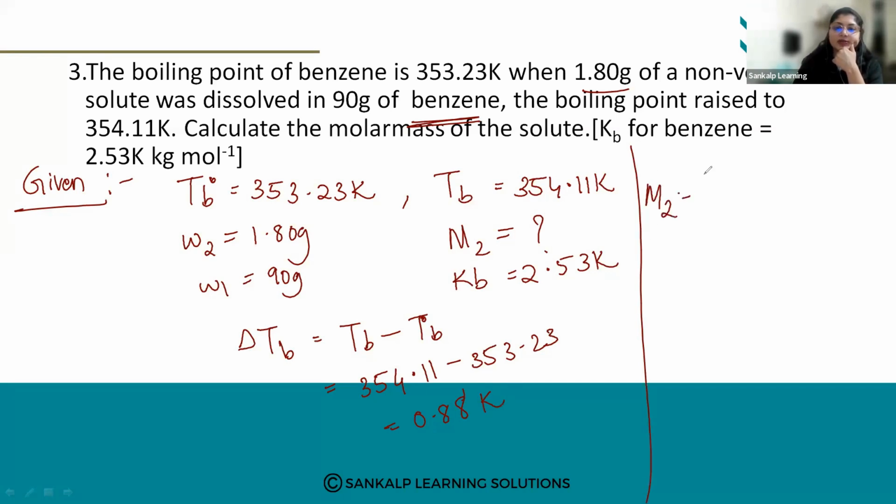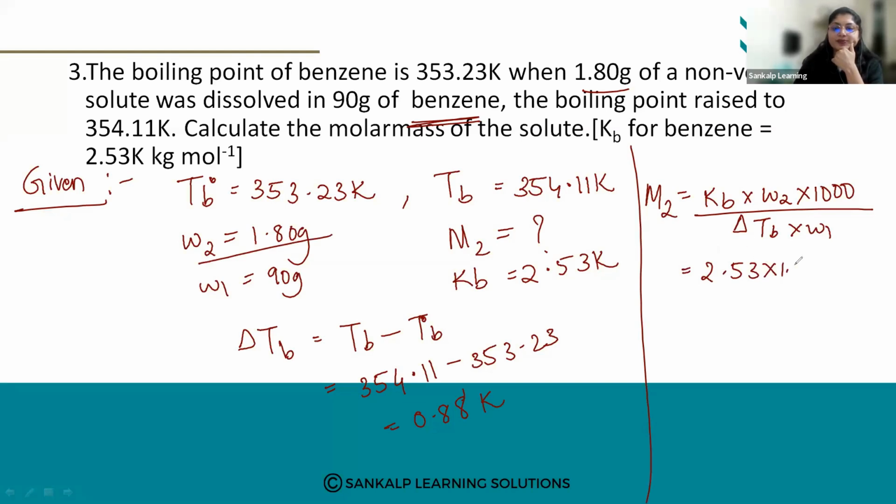Now substitute in the formula. To find the molar mass of the solute, M2 is equal to Kb into small w2 into 1000 divided by delta Tb into W1. What is Kb? It is 2.53. What is W2? W2 is 1.80, into 1000, divided by delta Tb, which is 0.88, into W1, which is 90 grams.